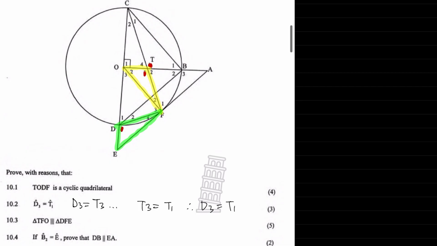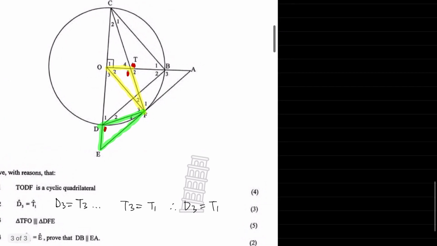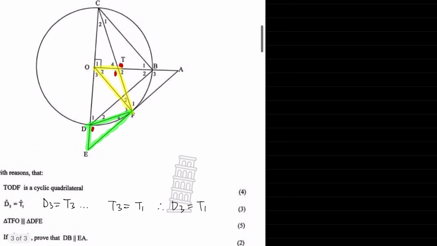So what we can do is we'll start by saying, so in triangle TFO and triangle DFE, we will say that T3 is equal to D3, and that was proven in the previous question. So that's my first statement.